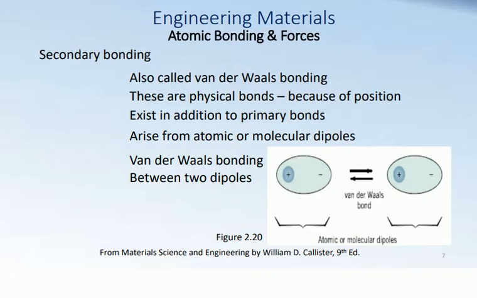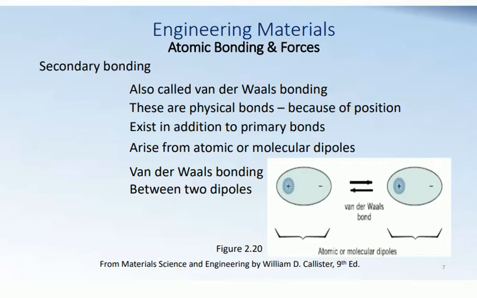Now we move on to the second category, that is called secondary bonding, and these are also called van der Waals bonding. That we already talked about, that these are actually because of the position of the atom. So these are physical bonds, and they arise because of the particular position of the atom at one time. And these can exist in addition to the primary bonds.